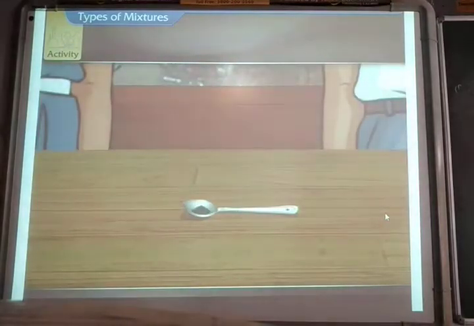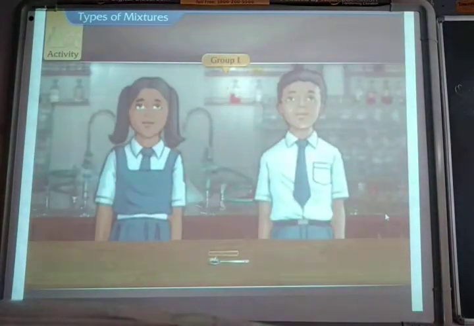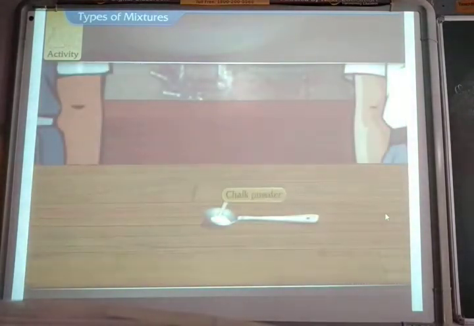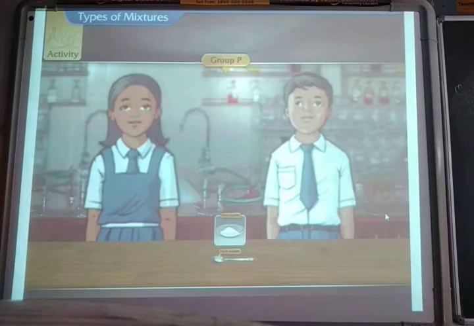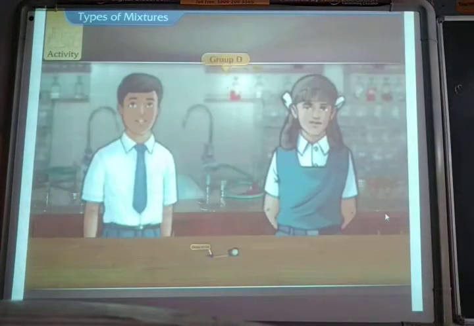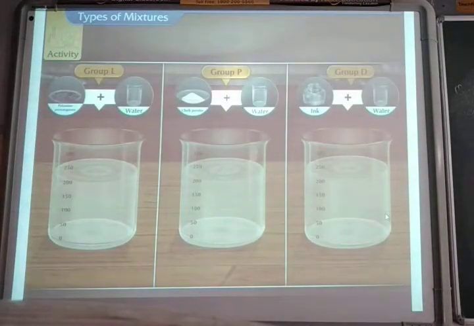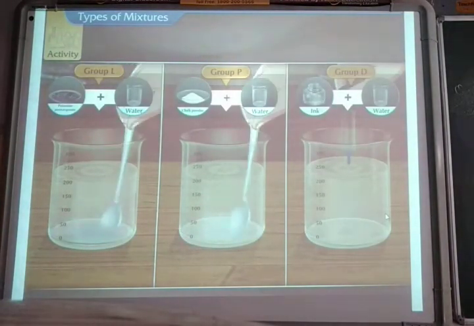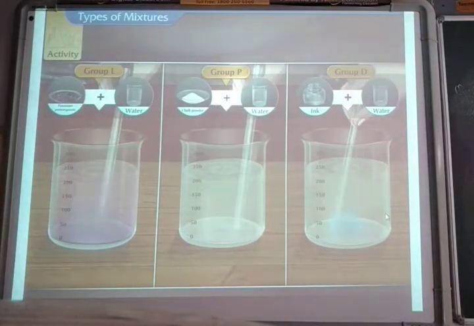Give half a teaspoon of potassium permanganate to Group L. Give some chalk powder or some wheat powder to Group P and a few drops of ink to Group D. Instruct all the groups to add the given sample in beakers containing water and stir them properly using glass rod.